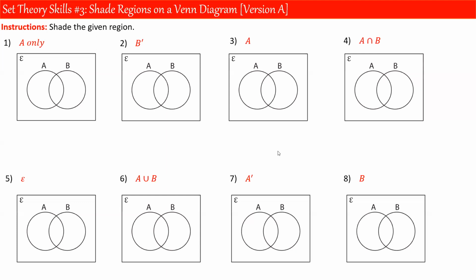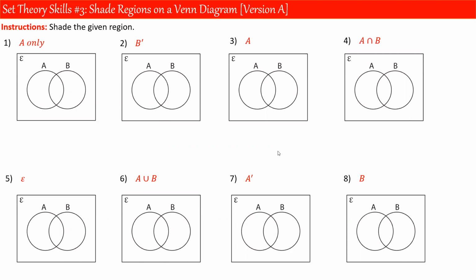A intersect B, universal set, A union, very good. A prime, very good. And B, excellent. Very good. Thank you, Daniel. The first one to get 100%. Wow.